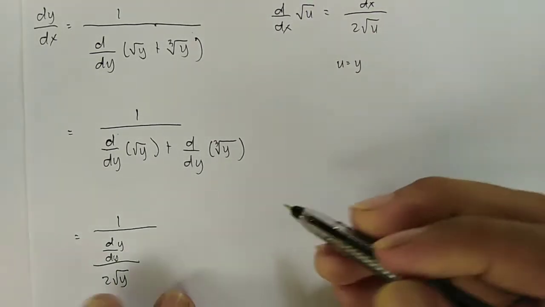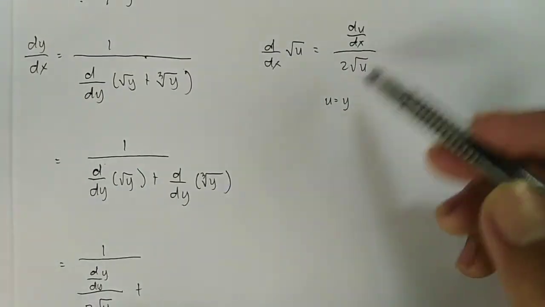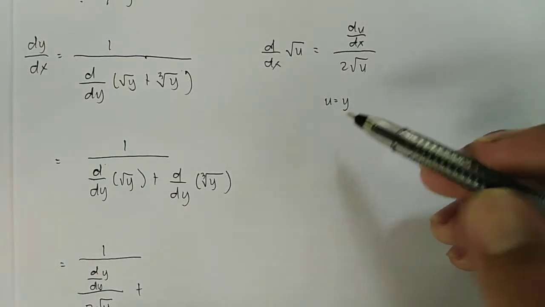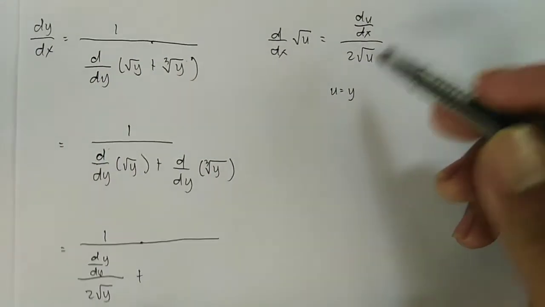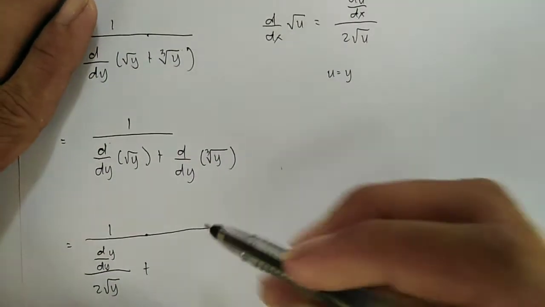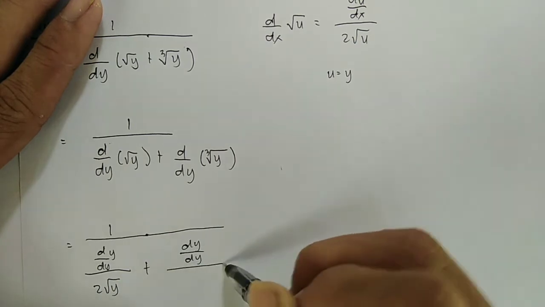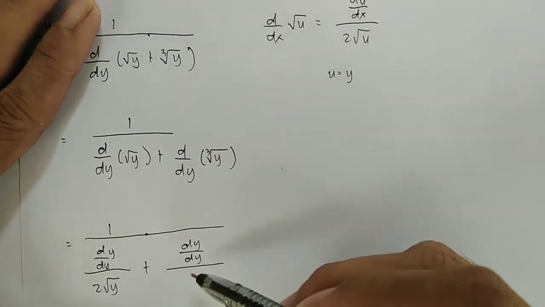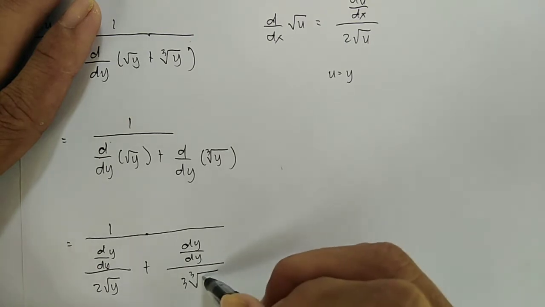Then, plus, since may square root din dito, follow pa rin natin yung format ng power rule. Magiging dy over dx all over 3 cube root of y.